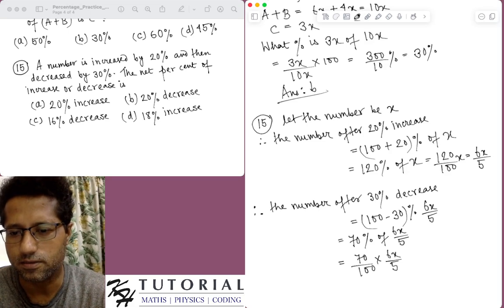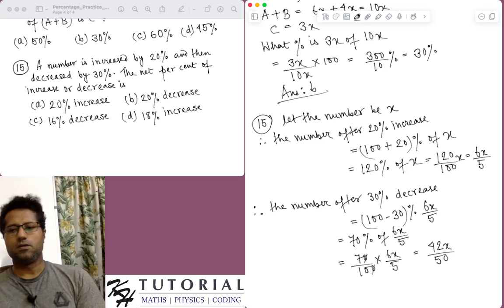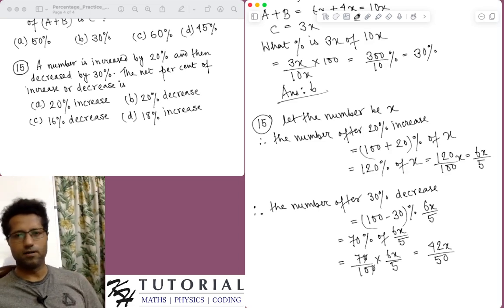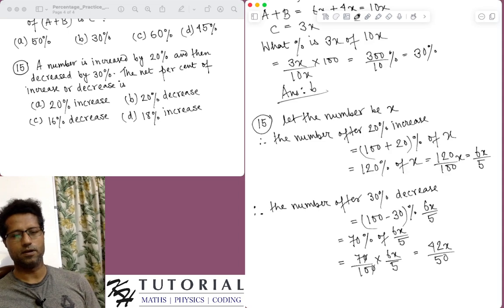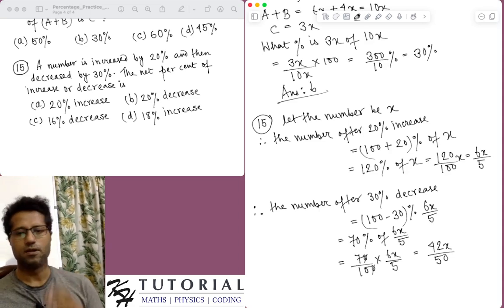If you simplify this, this is 42x by 50. So the final number, after the original number is increased by 20% and then decreased by 30%, has become 42x by 50, where the original number was x.